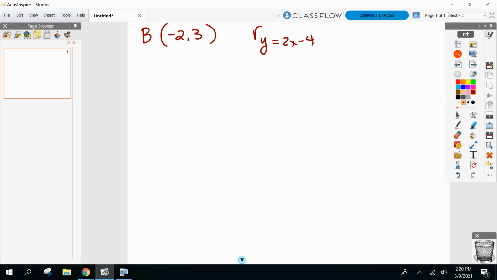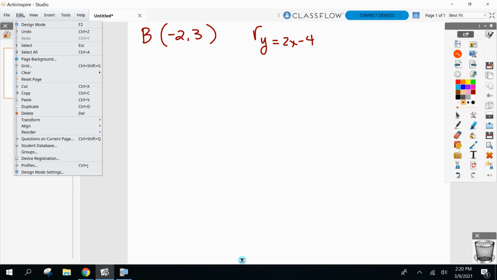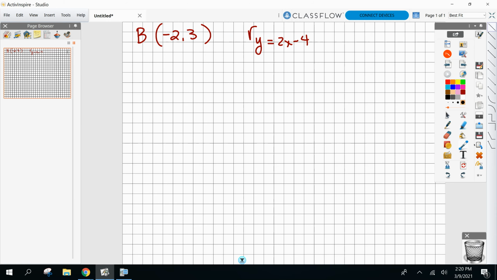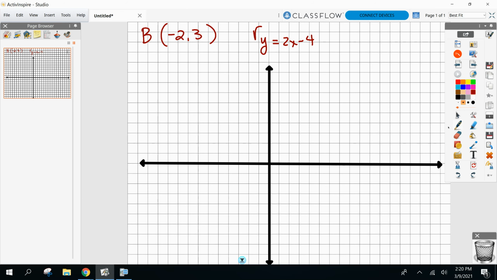All right. So I know this is going to involve, actually, I should probably graph it. It's just to get a visual. Grid. All right, so I have -2, +3 for point B. Let me graph the line.